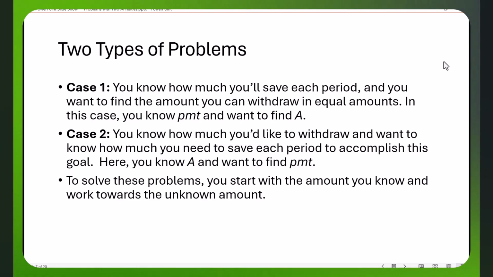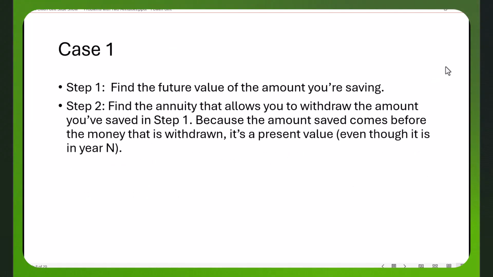The trick to doing these is you start with the amount you know and you work towards the amount that is unknown. Case 1. Step 1, let's find the future value of the amount you're saving. Step 2, find the annuity that allows you to withdraw the amount you've saved in step 1, because the amount saved comes before the money is withdrawn.